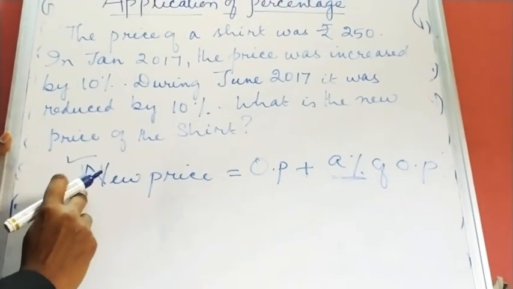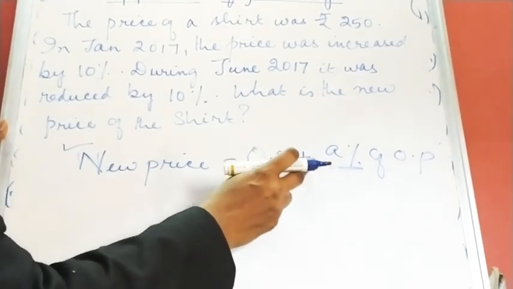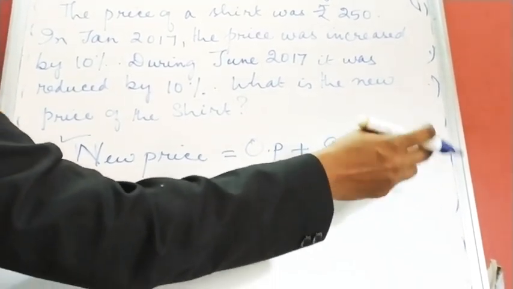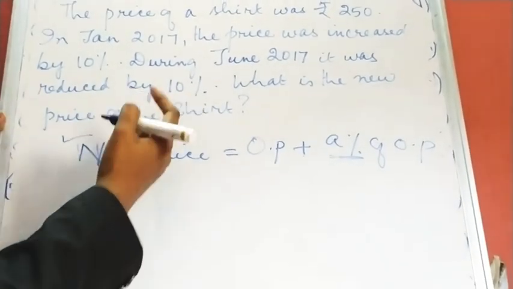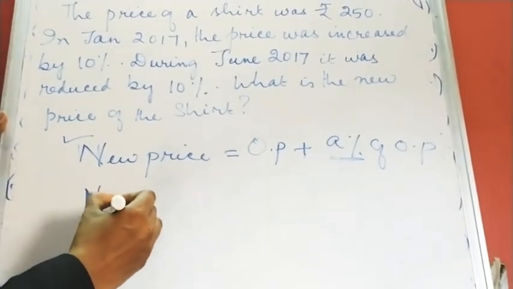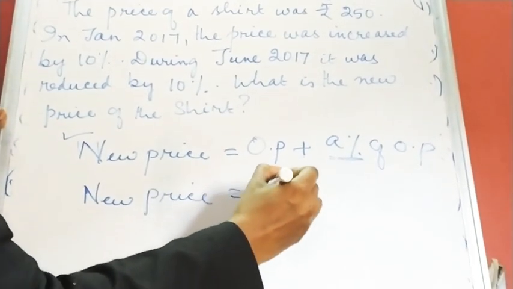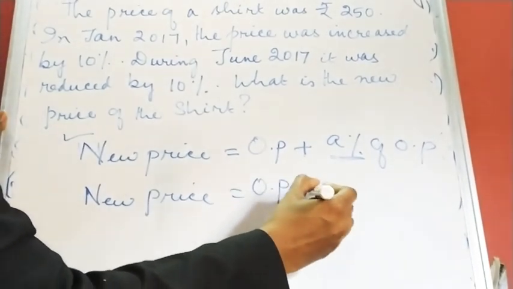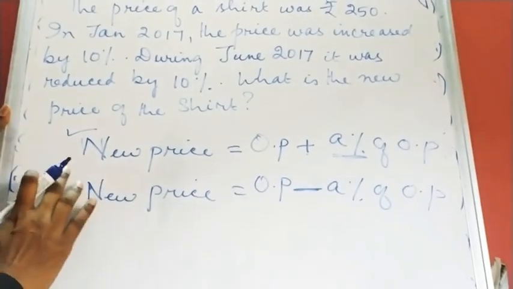So what will be your new price? New price is equal to original price plus a% of the original price. Suppose we have a reduction by 10%. Here once again we have to implement this. New price is equal to original price minus a% of original price. I hope you understood.